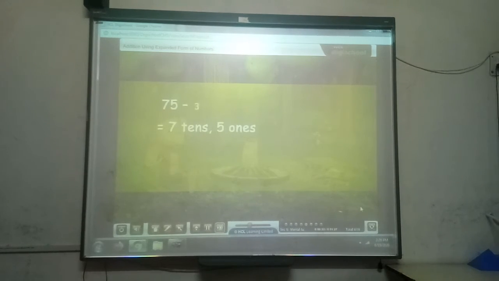And 34 equals 3 tens and 4 ones. So from 7 tens and 5 ones, we must subtract 3 tens and 4 ones. That leaves 4 tens and 1 one, which equals 41.